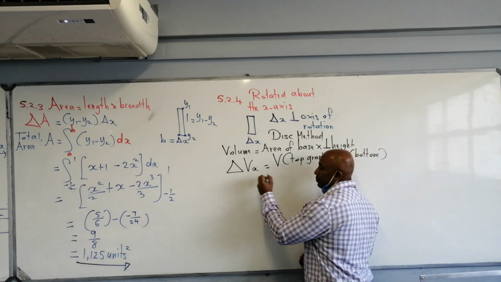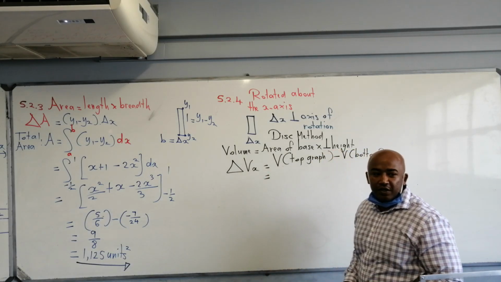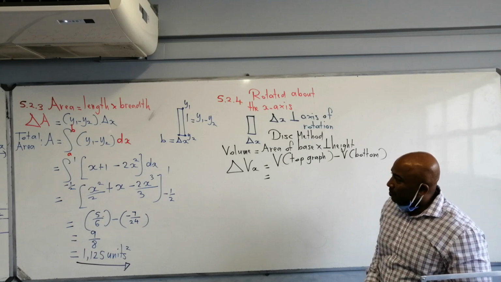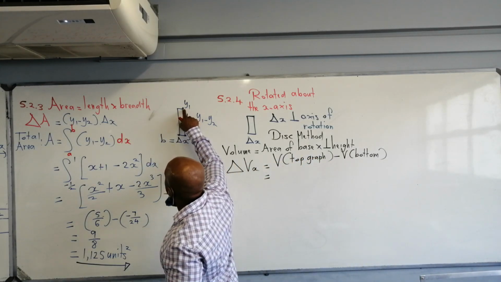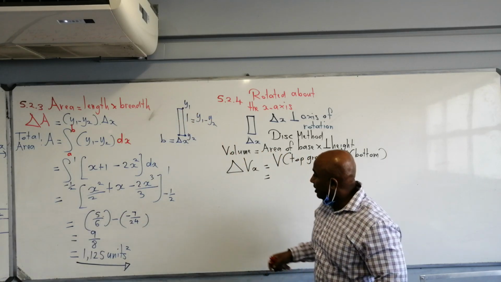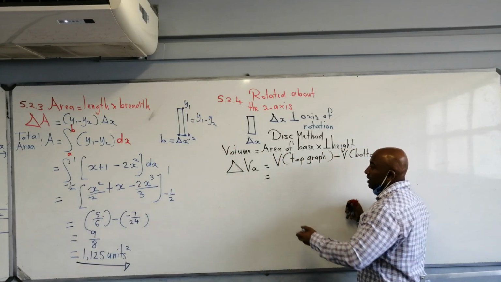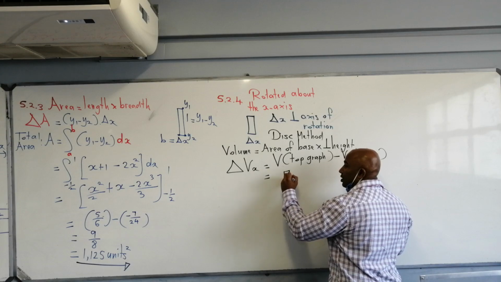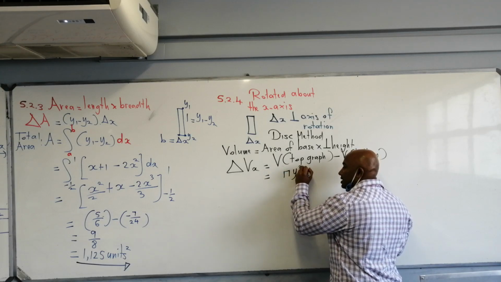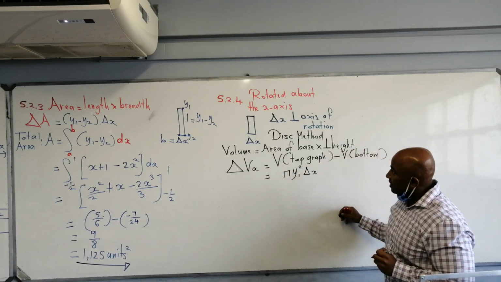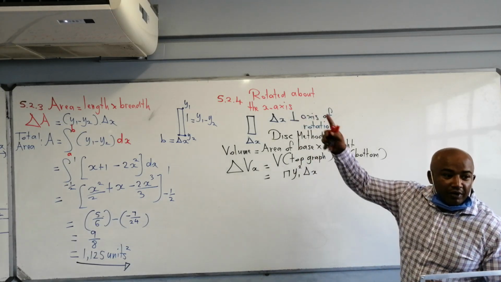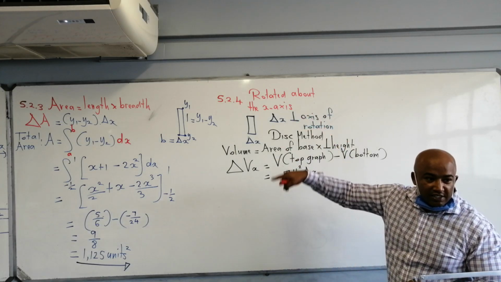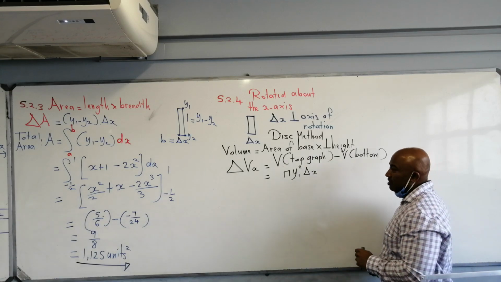I'm just going to show you how this equation comes about. What is the top graph? The top graph is, according to how we labeled it here, y1. So it's going to be pi y1 squared times delta x, because your radius is measured in terms of y. Now you're rotating around the x-axis, your radius is measured in terms of y.